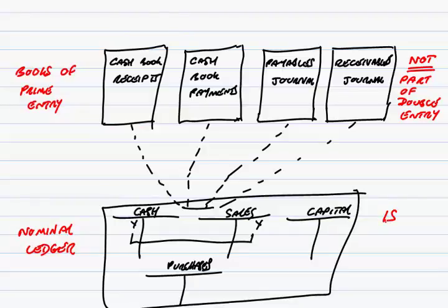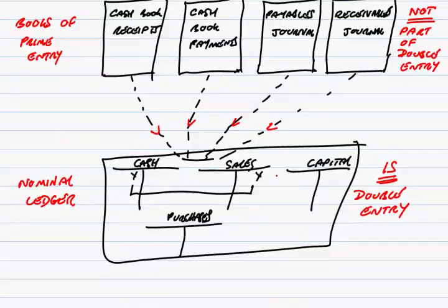And this is the double entry. So, sorry it's not terribly pretty, but write up in the books of prime entry, take the totals at the end of the month, and do the debits credits in the nominal ledger in the T accounts.